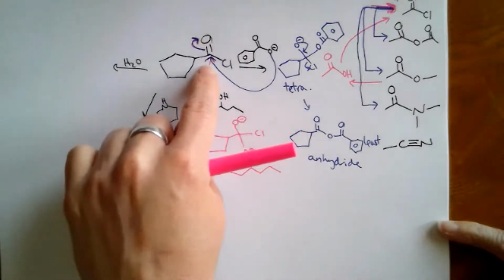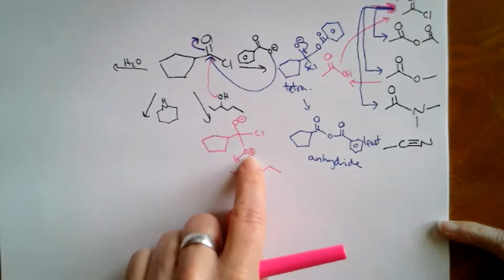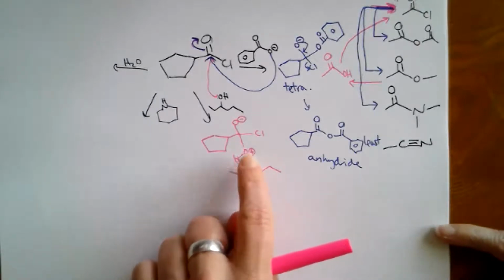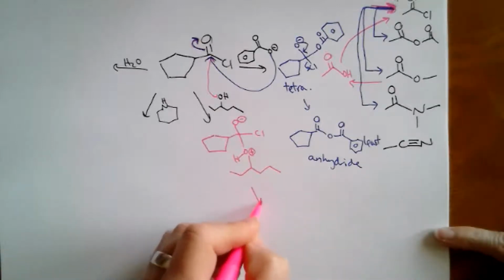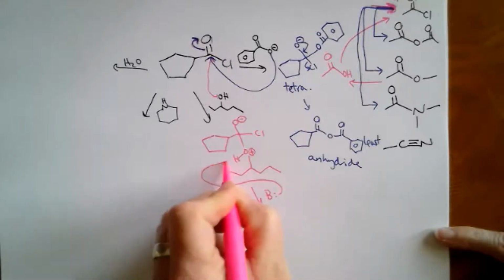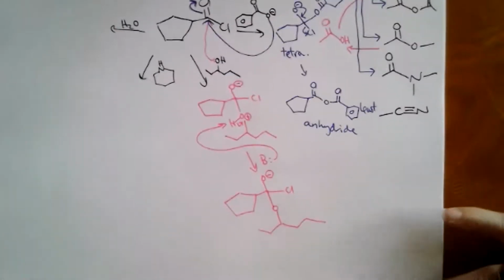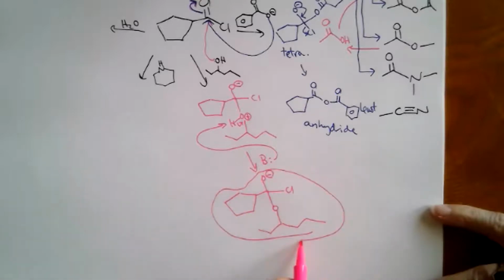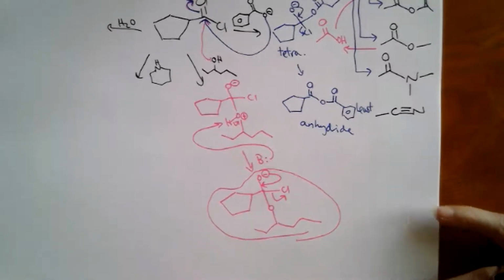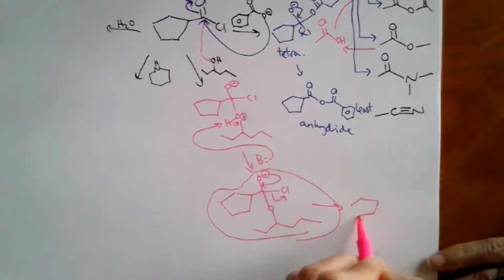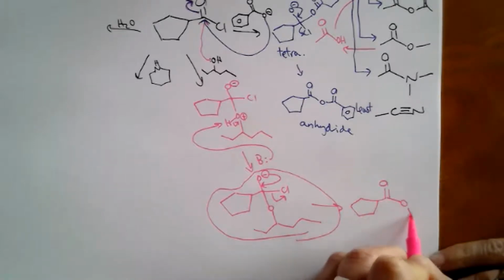So when I attack, I end up with a positive charge generated on what was my nucleophile. So that needs to be cleaned up before I have my tetrahedral intermediate that I'm aiming at. Some base in solution comes to clean up the mess. I got this guy. This is my tetrahedral intermediate I was aiming at. I fold down my electrons. I kick out my weakest base, my best leaving group. And ta-da! I make an ester.